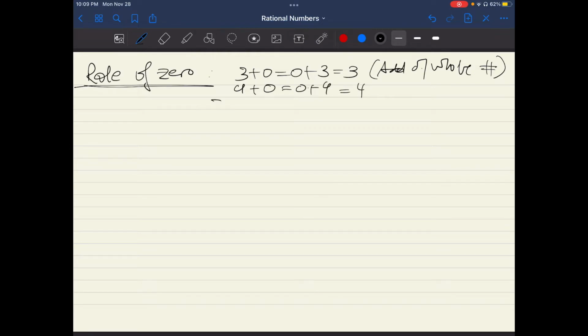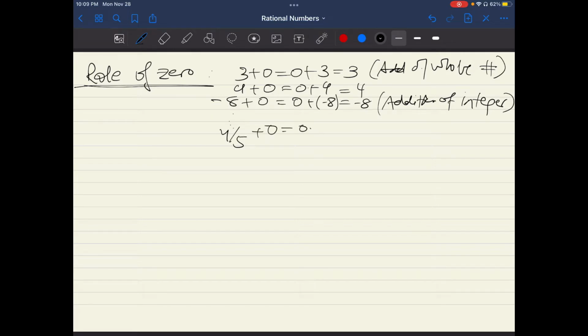And now let's look at minus 8 plus 0 equals 0 plus minus 8, which equals minus 8, which is addition of integers. And now let's look at 4 over 5 plus 0 equals 0 plus 4 over 5, which is 4 over 5, which is addition of rational numbers.